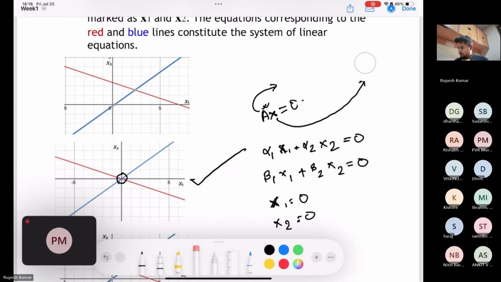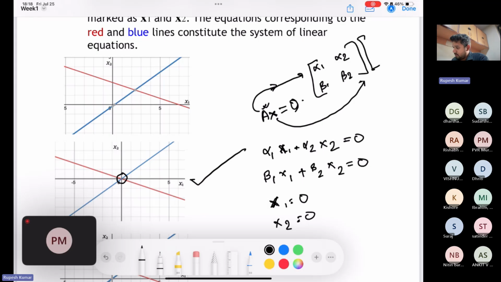Fine. So if you want to see how it can be written as a system of matrices, you can always say this is alpha 1, alpha 2, beta 1, beta 2. So this is the matrix A multiplied by the vector x containing the unknowns, which are x1 and x2, and you want this to be 0, right?